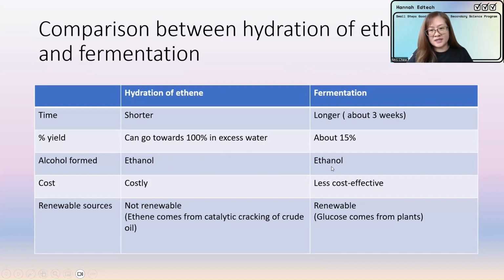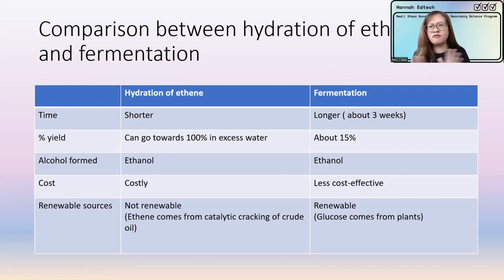For both process, ethanol is produced, and the hydration of ethene is costly. However, it is more cost-effective than fermentation. Fermentation is very time-consuming, and it's hence less cost-effective. The last comparison will be for hydration of ethene.